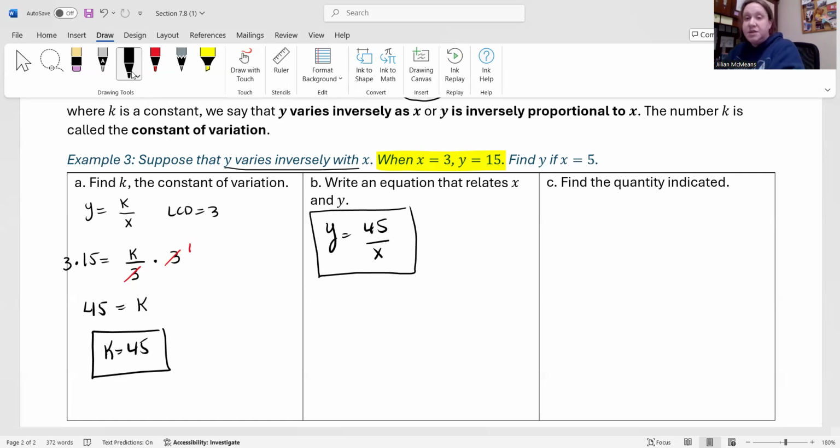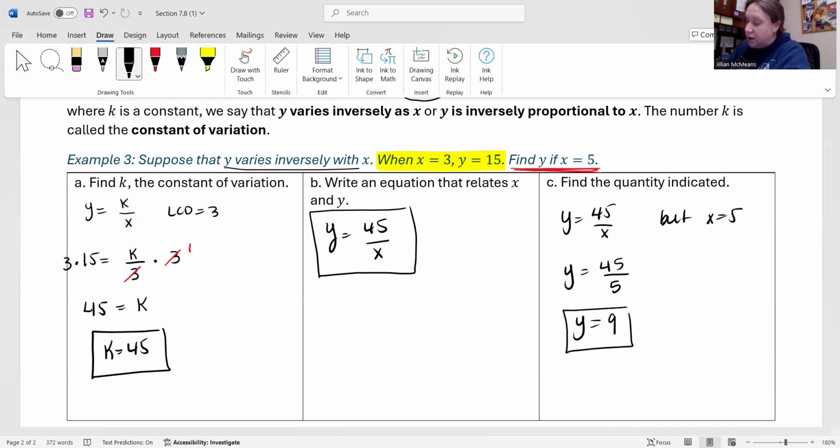Okay, and then part C says find the quantity indicated. Well, the quantity indicated is find y if x is 5. So we have y equals 45 over x, but x equals 5. So I'm going to replace x with 5. So y equals 45 over 5. So y is equal to 9.